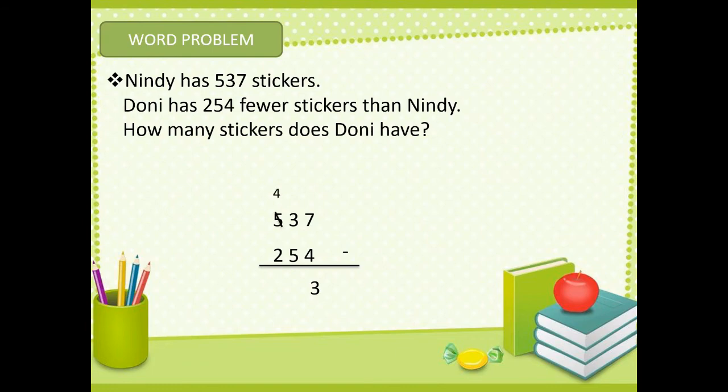Now, we have 413 tens. Now, we can subtract the tens. 13 tens minus 5 equals, yes, 8. Lastly, subtract the hundreds. 400 minus 200 equals, yes, 2. So the answer is 283.